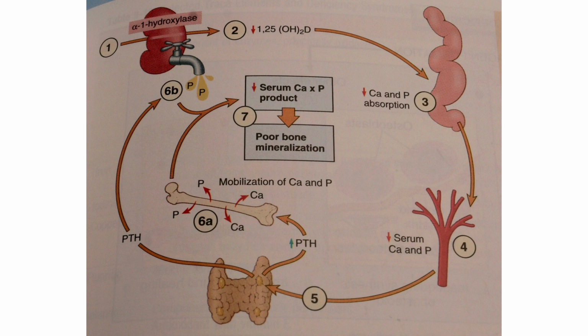This has an impact on the parathyroid, I'm sorry, with PTH being produced by the parathyroid gland, and this acts on mobilizing calcium and phosphate out of the bone, and this softens the bone and accelerates the process. Phosphate is lost through the kidney.